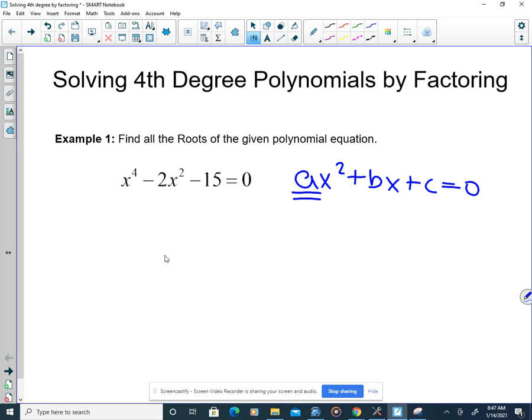And what's nice about this one is our a value is 1, so we can go straight to the factoring part. We don't have to do slip and slide on it. So I'm going to put down the factors and try to factor this.